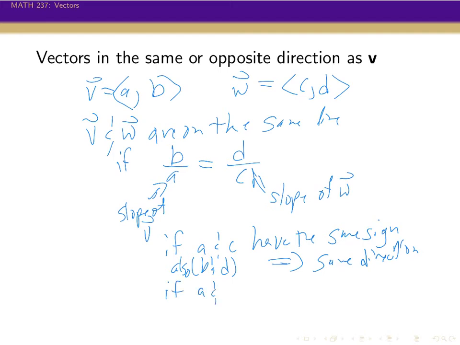If A and C have opposite signs, then we're talking about opposite direction.